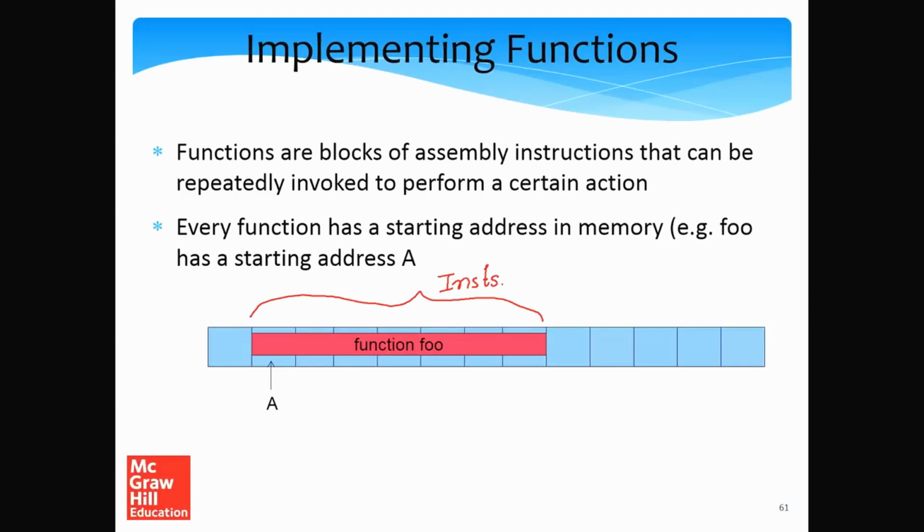We put all the instructions in a continuous region of memory, and this region starts at the beginning, the first byte, which is the beginning of the function. Foo is traditionally the name of a function when we give an example. This continuous region of memory stores all the instructions of the function. The data is stored somewhere else, we'll come to that. And any function will be identified by the starting address of the first instruction.